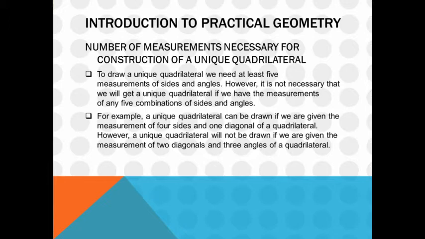For example, if 4 sides and 1 diagonal are given, then you can easily construct the quadrilateral. But if 2 diagonals and 3 angles of the quadrilateral are given, then this data is not appropriate to construct the quadrilateral. So we have 5 different categories by which we can do the construction.